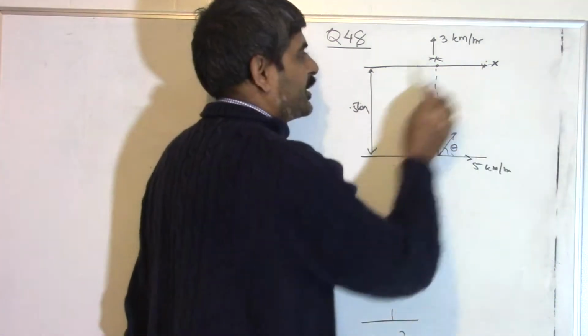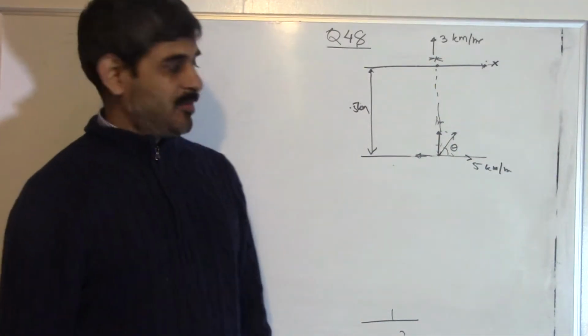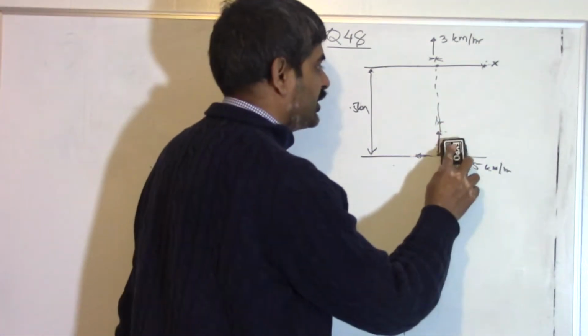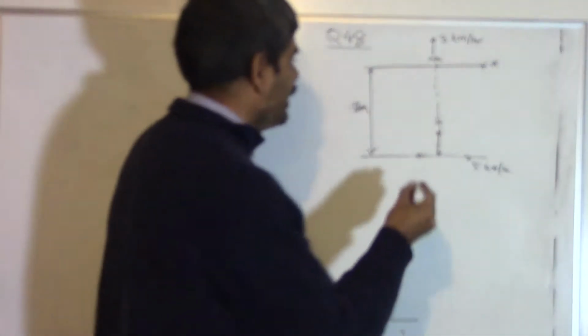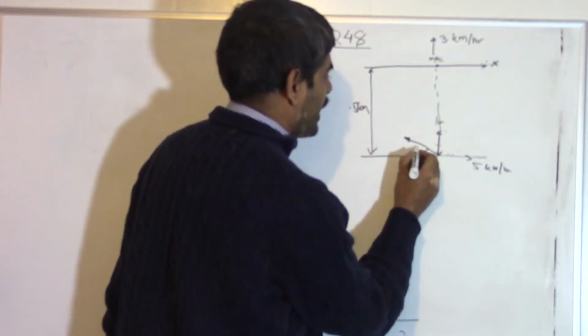In total, he will be drifting more and more along the x-axis direction, and that is not minimization. What he should do instead is walk somewhere along this direction, and let us say this angle is theta.